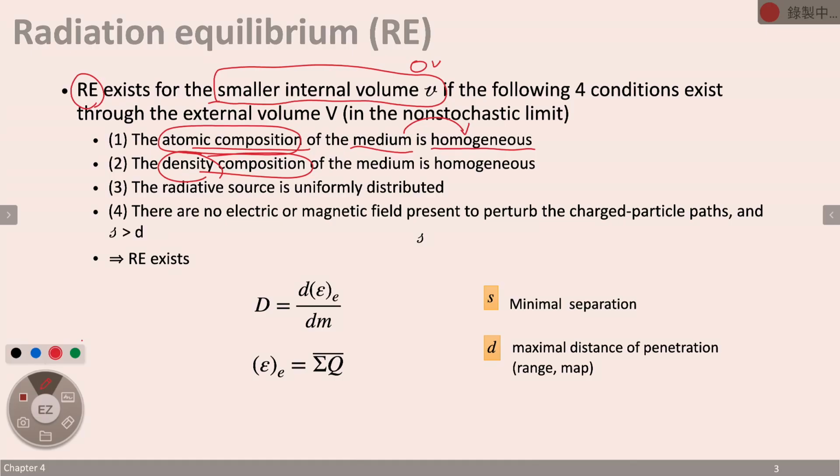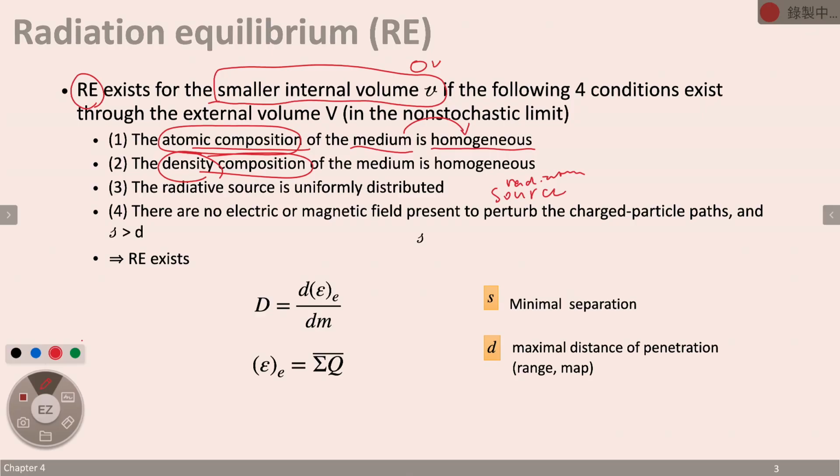The third one is that the radiation source is uniformly distributed. This is talking about the radiation source. If it is nuclear medicine, then the radioisotope is uniformly distributed.